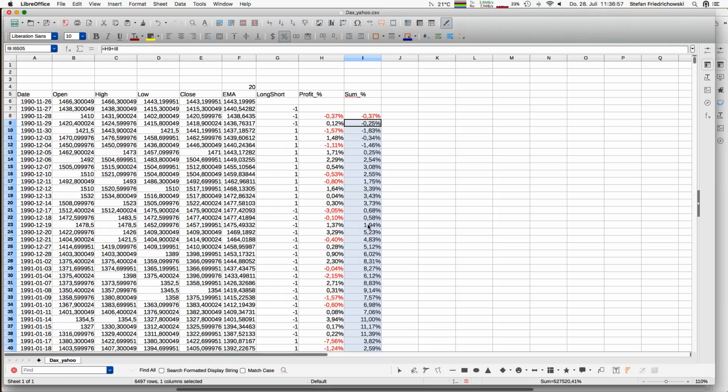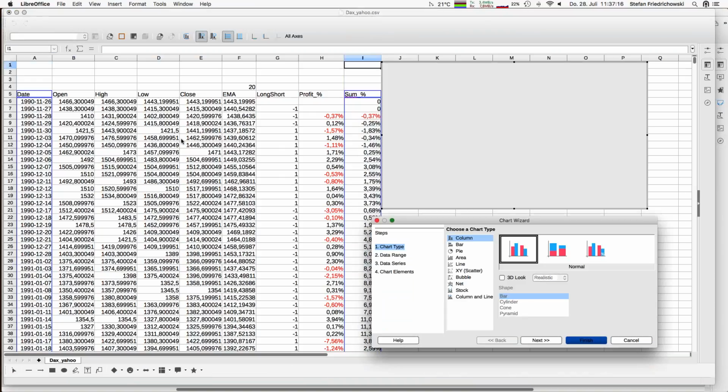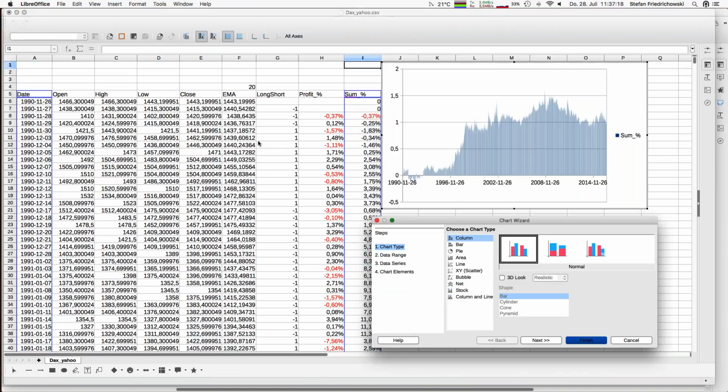And now we have it all down here. I put some zeros here so it is easier to draw this as a chart now. Let's have a look at that. So we have here the sum of all percentage changes, and we can have a look at our chart.